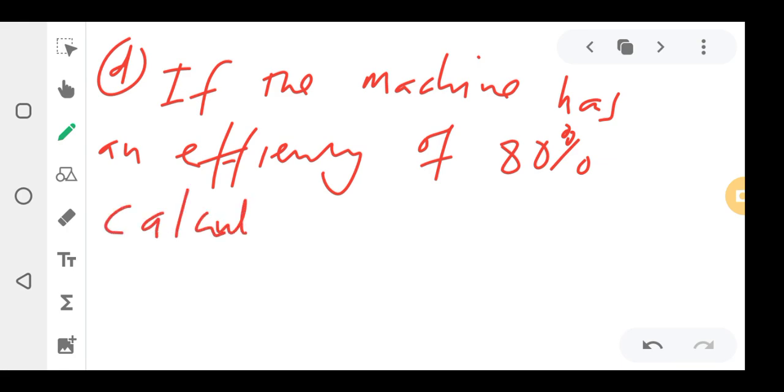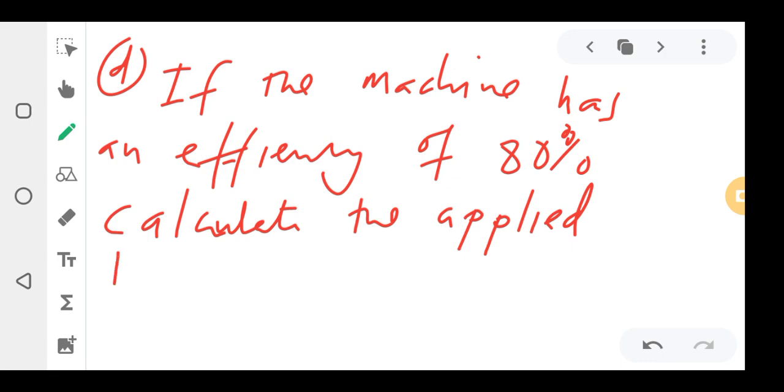Calculate the applied effort. Okay, I told you to use the formula that has effort and the other one that has efficiency.